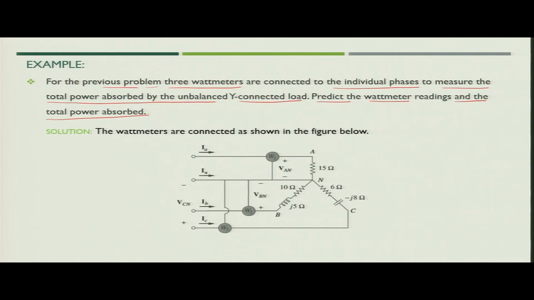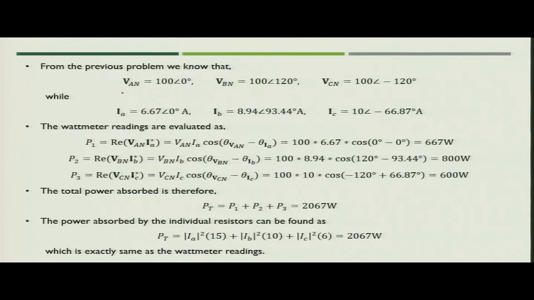So, in this case we know VAN is 100 angle 0 degree, VBN is 100 angle 120, VCN is 100 angle minus 120 degree. IA, IB, IC we have calculated in the previous example. So, the wattmeter readings you can simply find out.